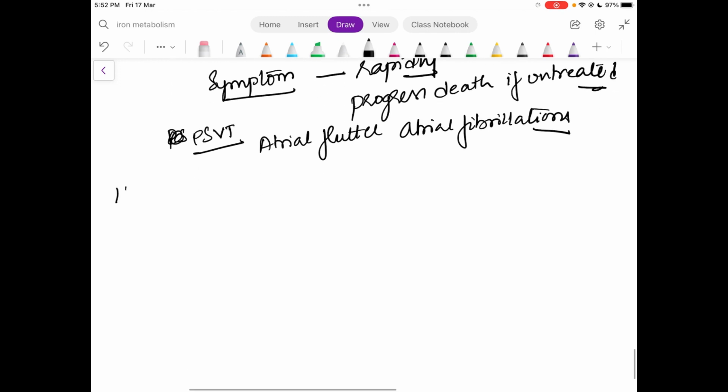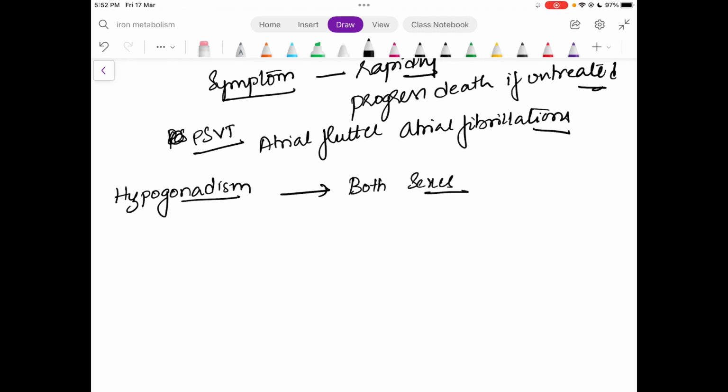Next, hypogonadism. This occurs in both sexes.